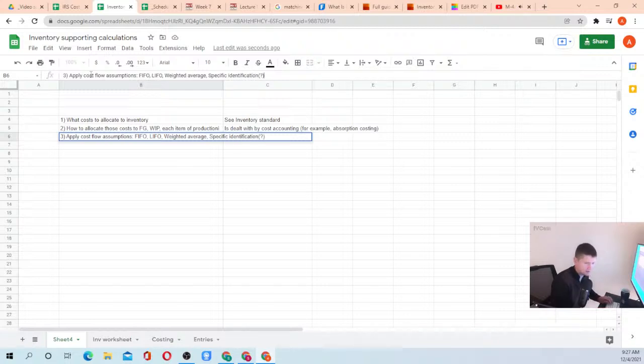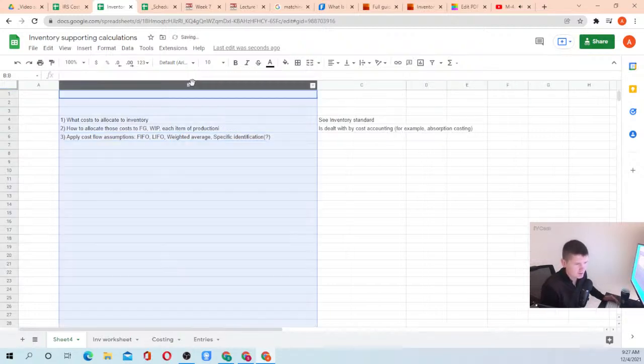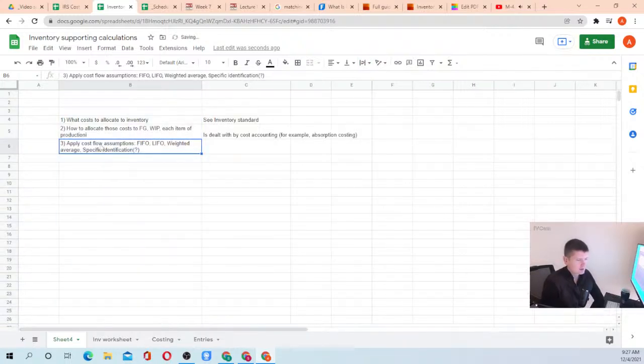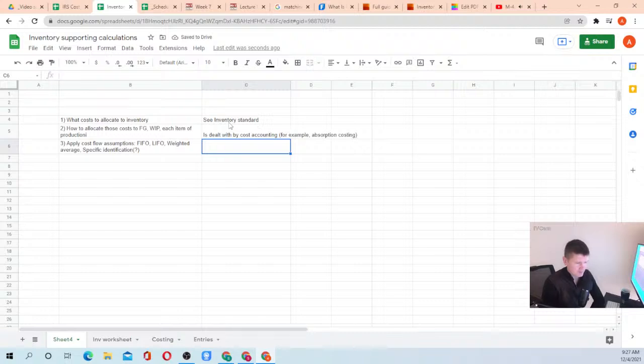I do not see that defined in the standard, but an internet search says that you can use the specific identification method. That's also covered in the inventory standard.